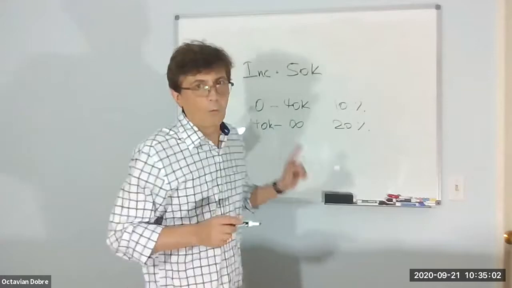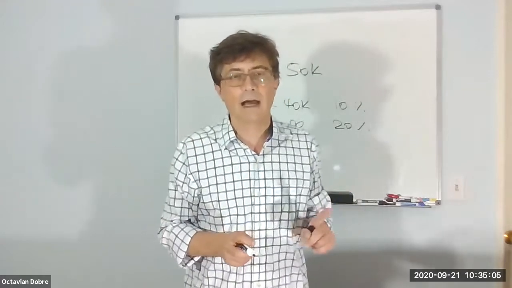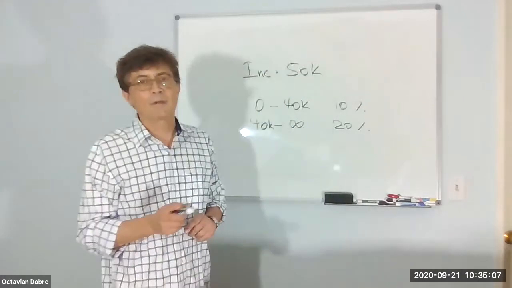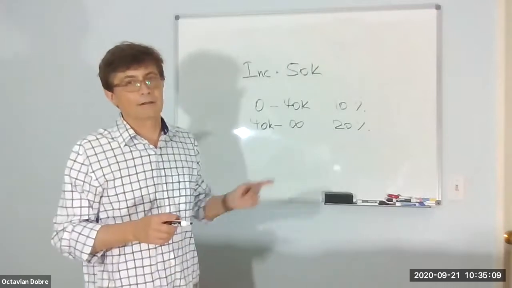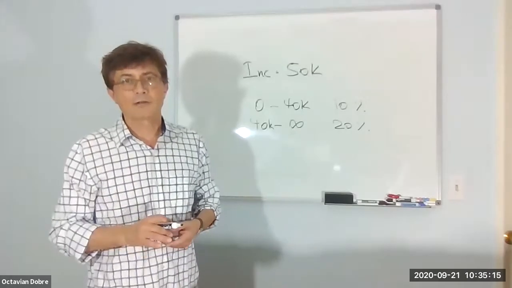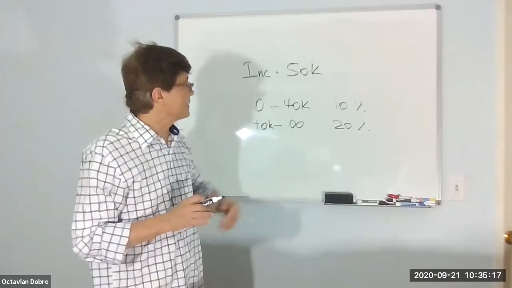First of all, what is this person's marginal tax rate? You can tell me that just by looking at it. You don't have to calculate anything. 20%. 20%, exactly, because that's the highest marginal tax rate that their income takes them into.